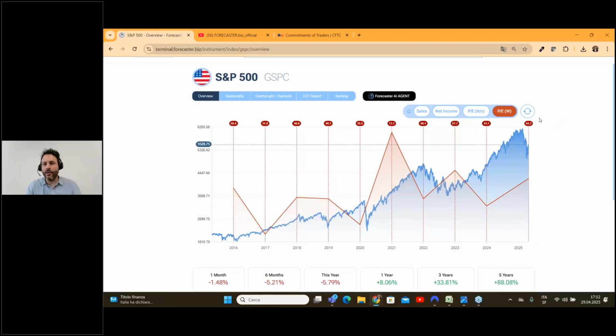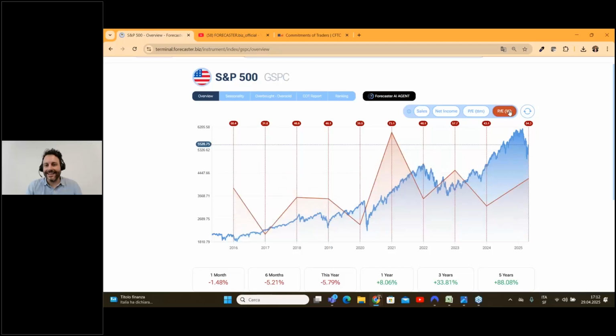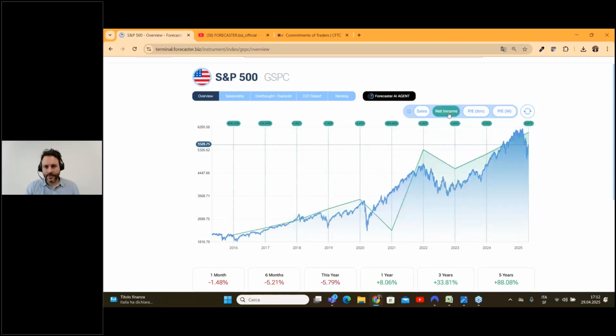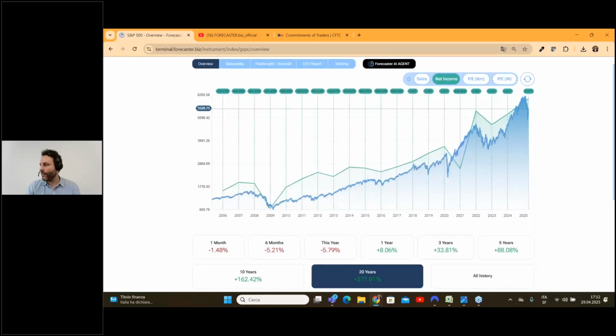Okay. And of course, this is why, for example, I don't use the price earning a lot, because it's a metric that I really don't like. What I use is the net income because, as you can see, especially if you go in the past, something really amazing is directly in front of our eyes.